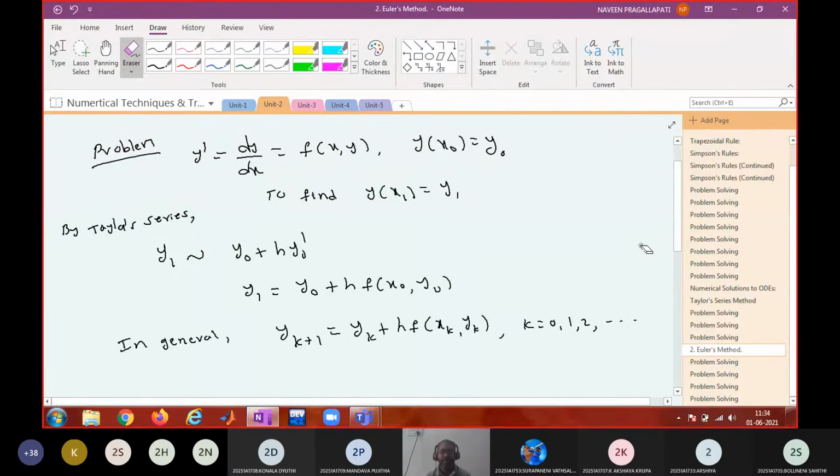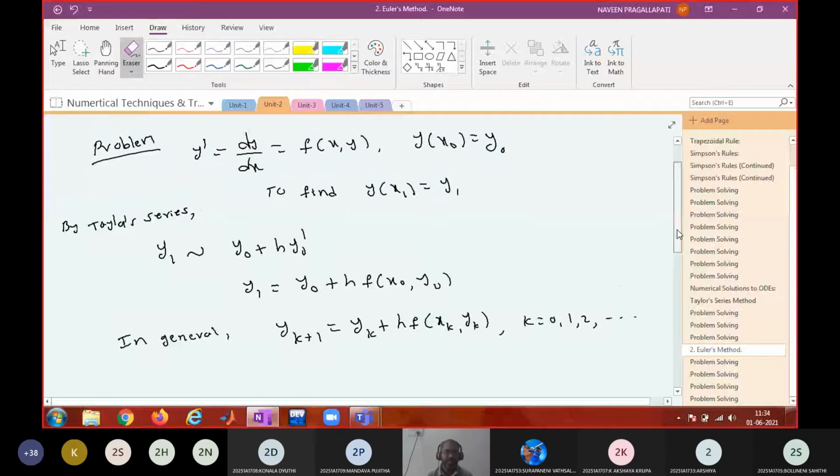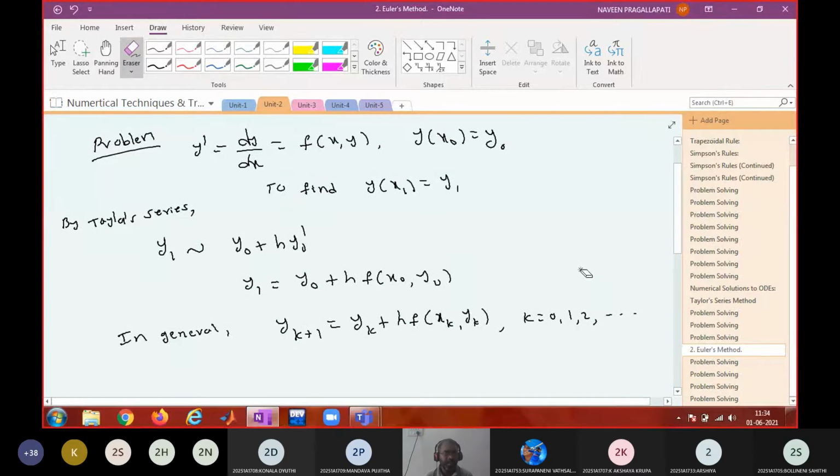Okay, so what we do, we'll solve one particular problem in every method, so that at the end we'll have some comparison also. Shall we take up problems?